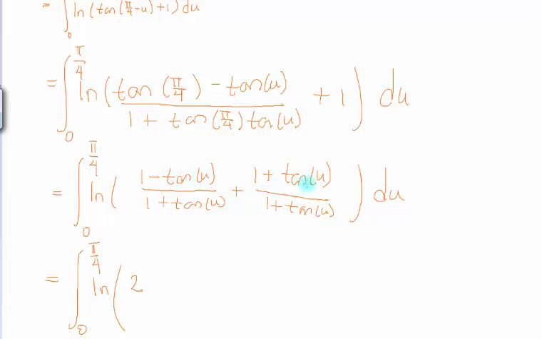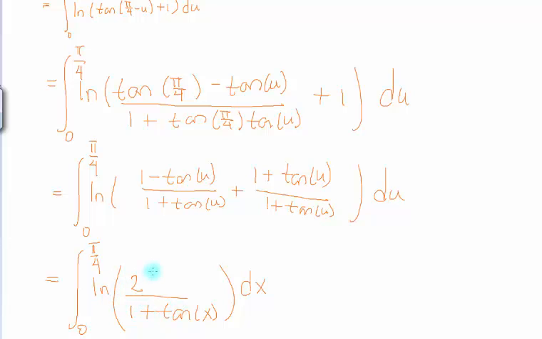Minus tangent of u plus tangent of u, they cancel, so it's just 2 divided by 1 plus tangent of u, du. Now, u is a dummy variable, so I can change u to whatever variable I want. So let's just change it back to x, just for simplicity. So we get x here and x here, right?